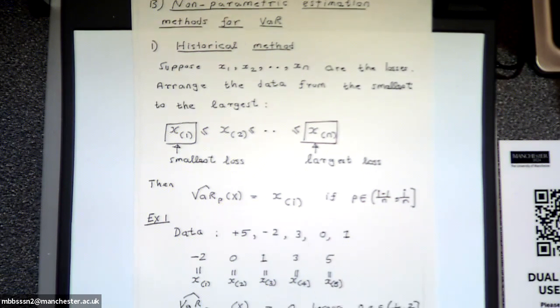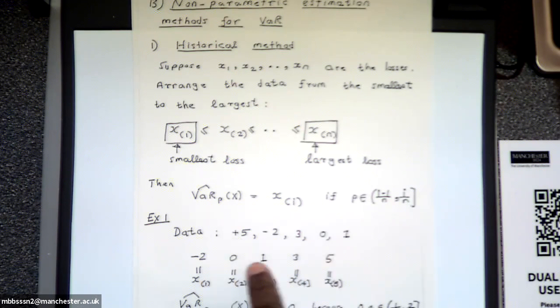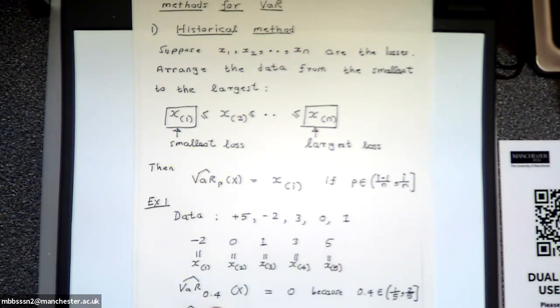So for example, if you had this data, you arrange it from the smallest to the largest, and suppose you want to find VaR at 0.4. So your P is 0.4, and 0.4 belongs to this interval. So your i is 2, and the second smallest data is 0. So the VaR is equal to 0.